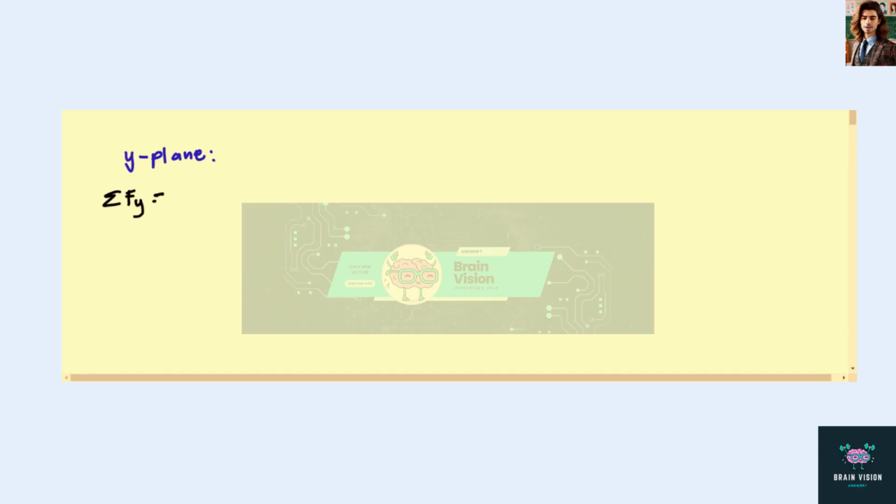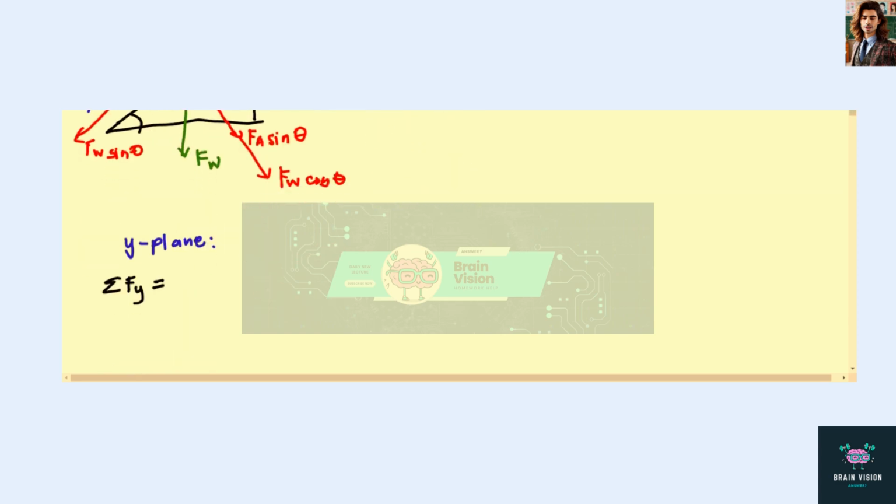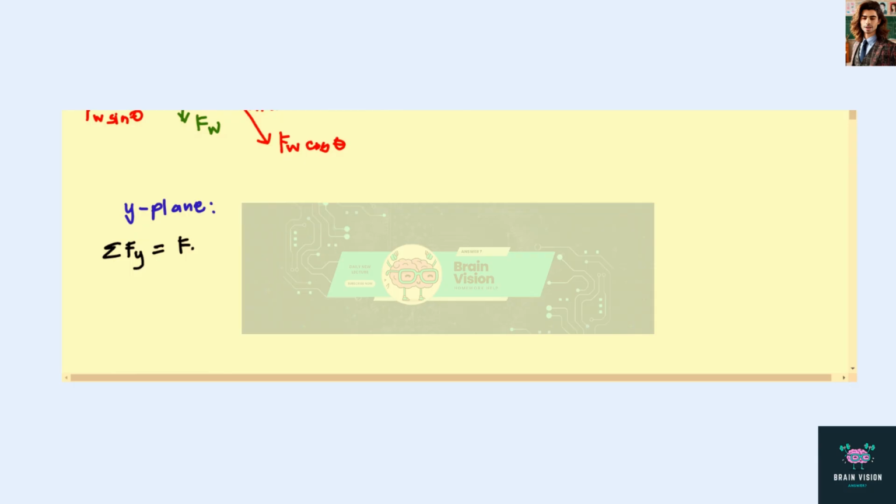The forces on this plane are the normal force, the force due to weight, which is negative since it's opposite the normal force, and the force due to the applied force horizontally, which is also negative since it's also opposite the normal force, FA sine theta.